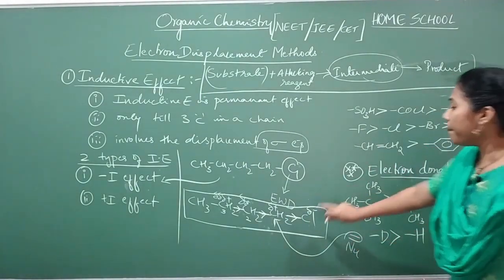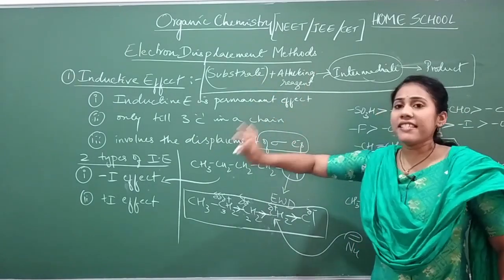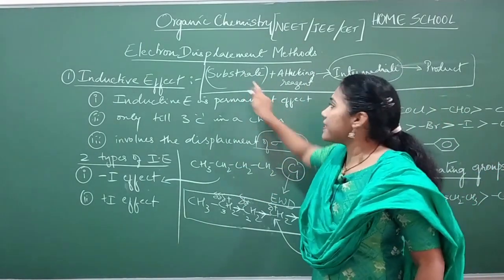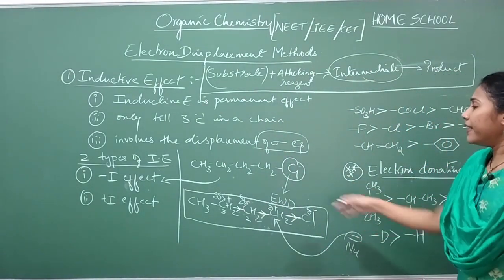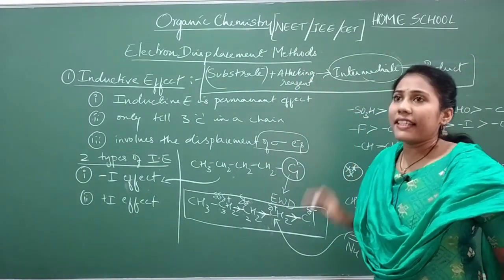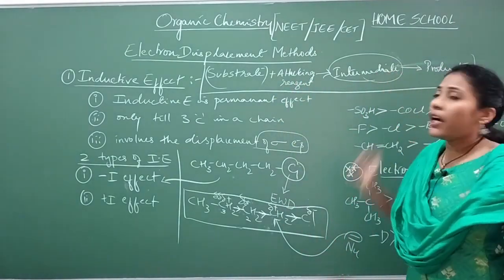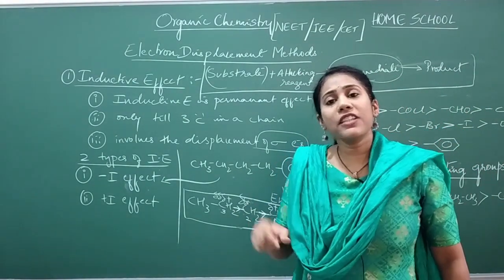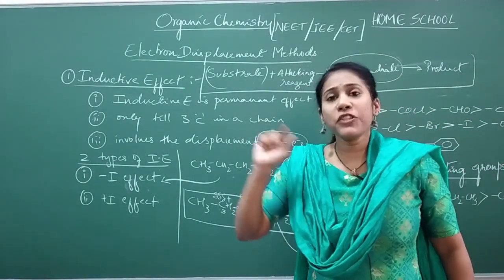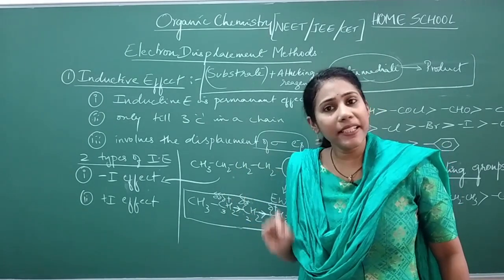Our main molecule which is undergoing a reaction, which is ready for the reaction, is called the substrate. The ones coming and attacking are called attacking reagents. Whenever these two combine, you get the so-called intermediate. 95% of organic reactions involve the formation of intermediates, and I am making a separate video on intermediates also.